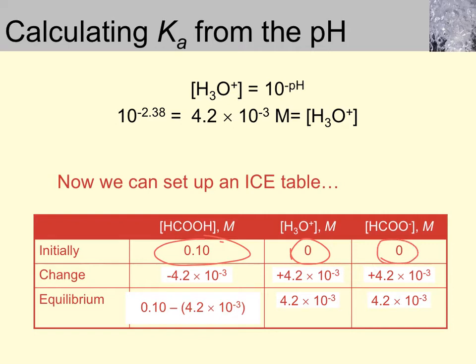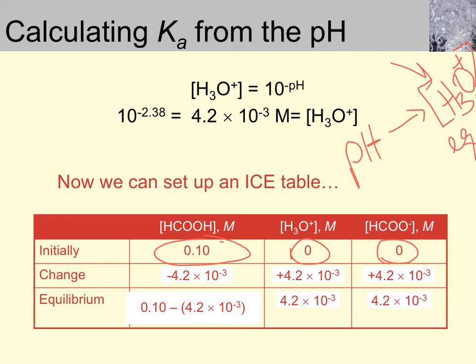And then they gave us pH. So listen really carefully. This is key to solving these problems. pH will give you the equilibrium concentration of hydronium ion. They give you the pH. You can very easily calculate hydronium ion concentration at equilibrium.